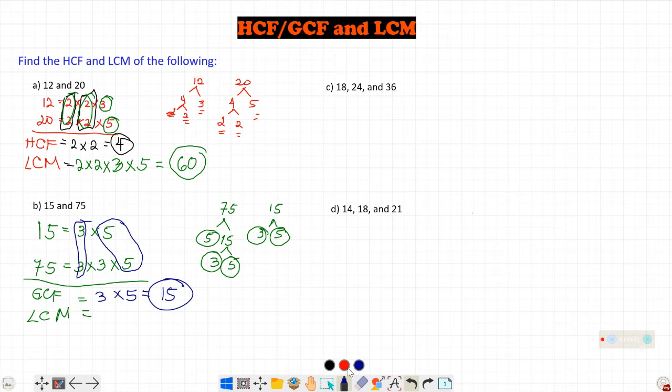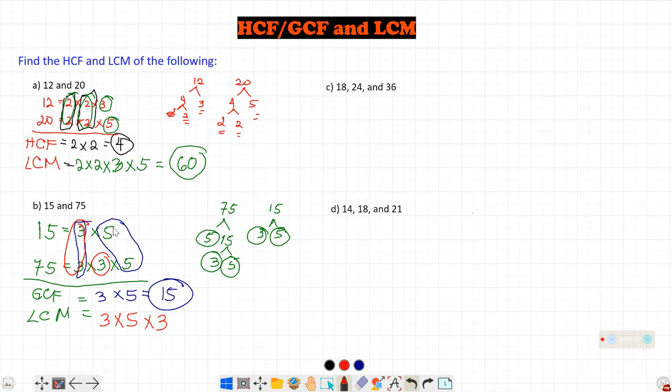Okay, next we need to find the LCM. Just like what I said a while ago, always write whatever common numbers are written here, or we just bring down the GCF number here: 3 times 5. And then we need to write the other numbers that are not written down, which is another 3 here, so times 3.